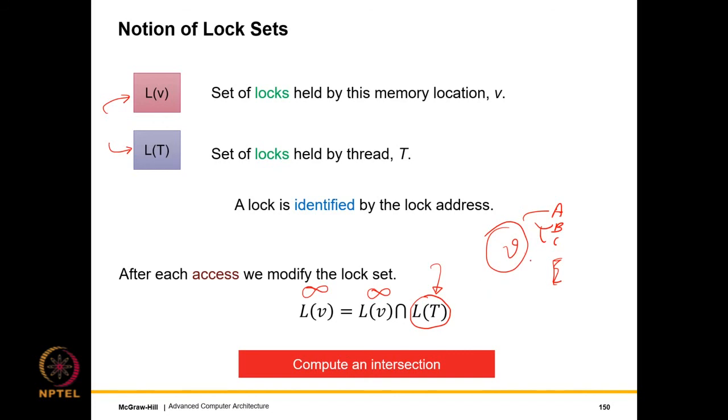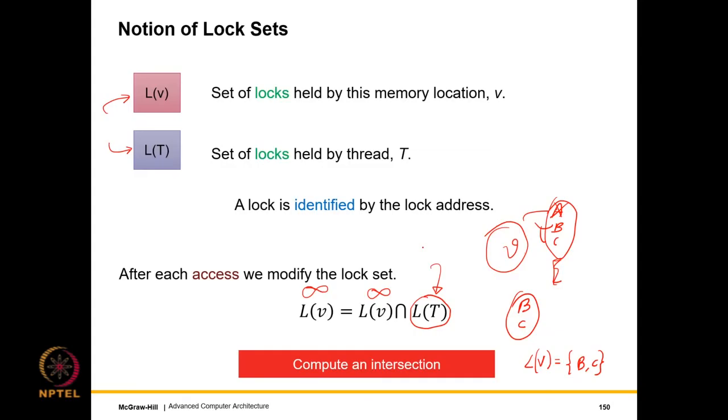But then another thread comes by which has only acquired locks B and C. Then when we compute an intersection between these two sets, we realize that maybe lock A is not required because the second thread didn't have lock A in its acquired lock set. So let's remove this and set LV as B and C.